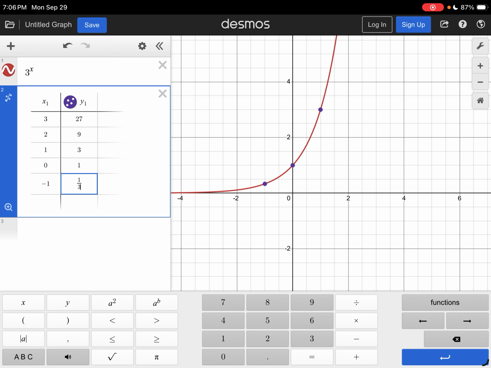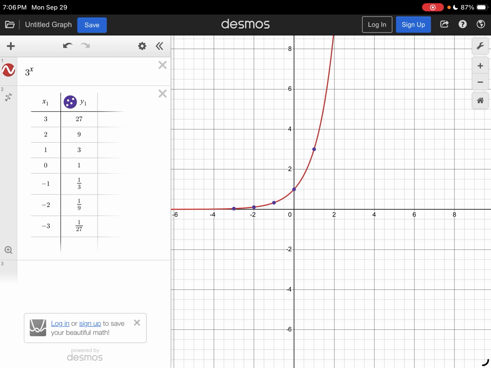Or 1 over 3 to the 1st power. And negative 2 was going to be that 1 over 3 squared. So 1 divided by 9. And negative 3 is 1 over 27. There you go.